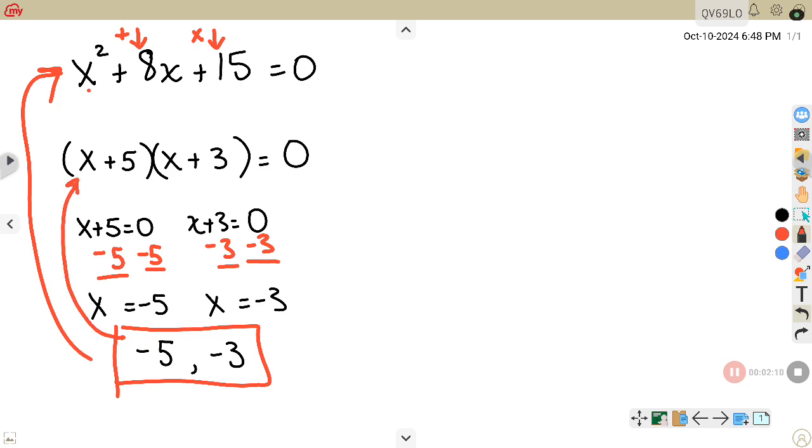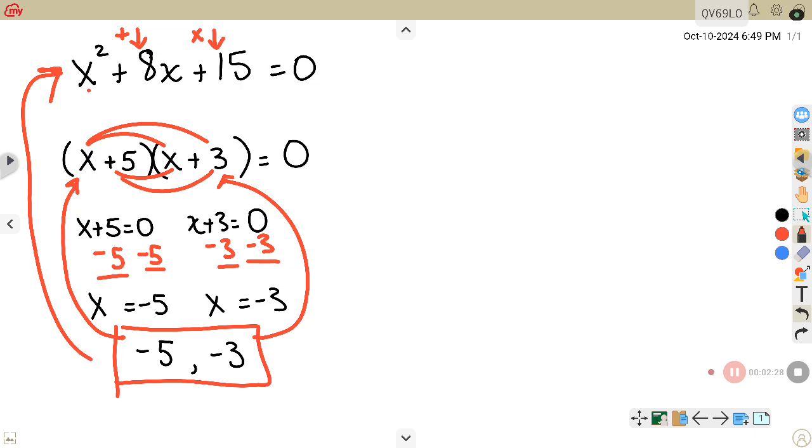So negative 5's factor was x plus 5. Negative 3's factor was x plus 3. So once we get the factors, then we will multiply the factors together.